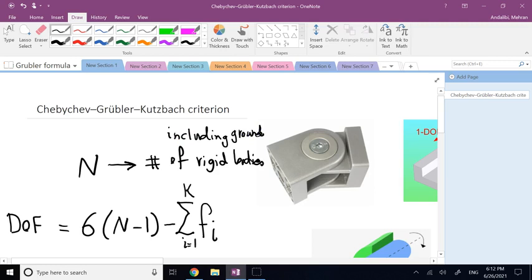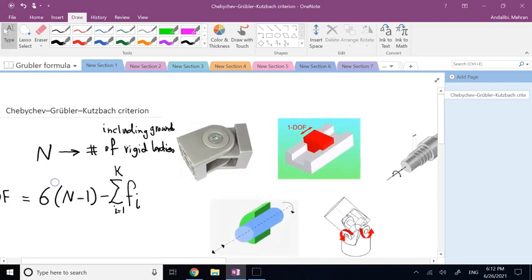So now the question is, what's the degree of freedom that each one of these types of constraint takes away? So if you have this, as I said, we call it the pivot. So this pivot or hinge, you might call it, if the problem is 3D in general, takes away 5 degrees of freedom.